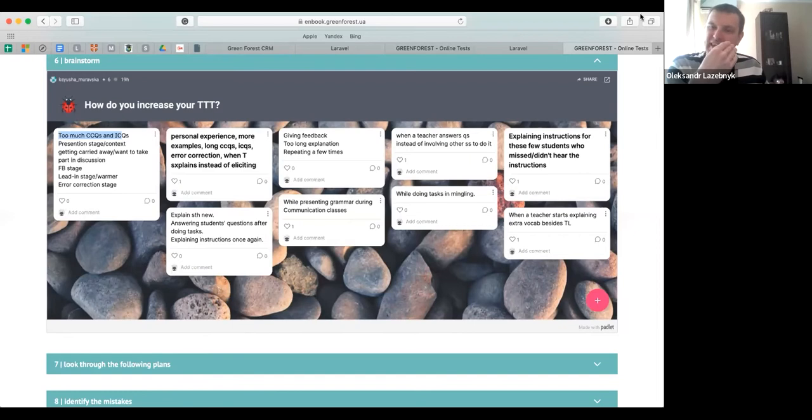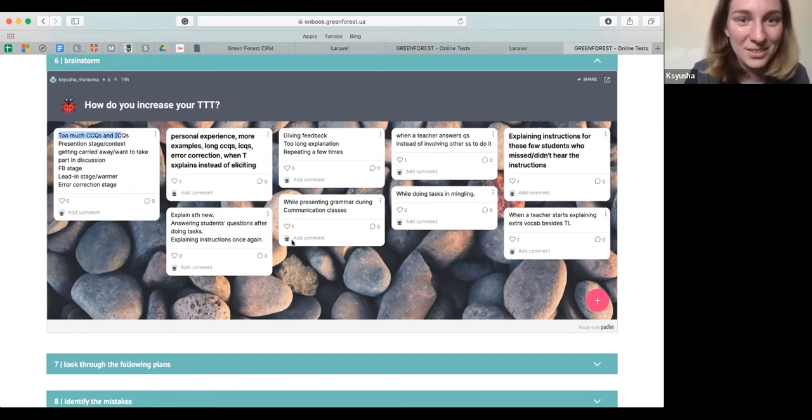It can be a good idea to plan those ICQs or CCQs, but you never know how they will react and whether these questions will be relevant or not. But again, don't ask ICQs which are super easy, and your students are looking at you like, what? That's obvious. Why are you asking? So all your questions must be reasonable, not just, okay, I need ICQs, I will ask ICQs, no matter what they are.